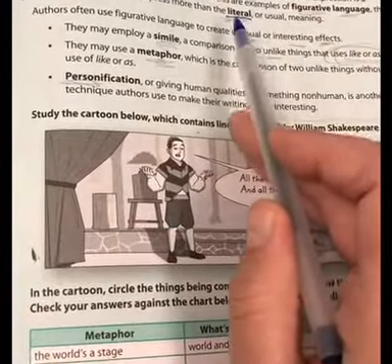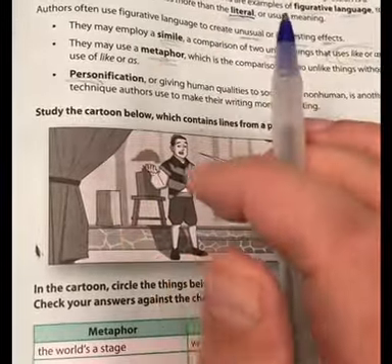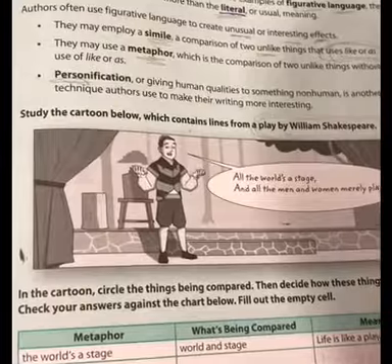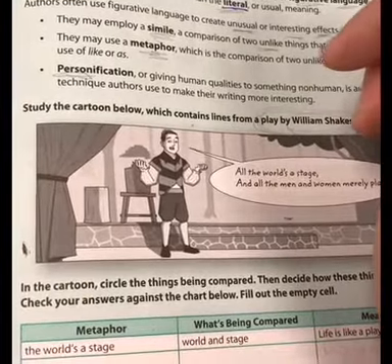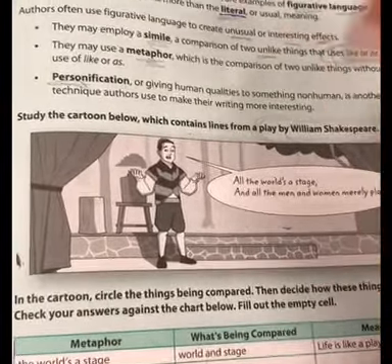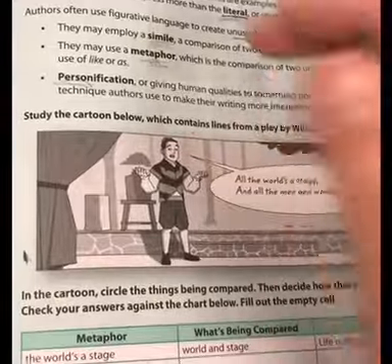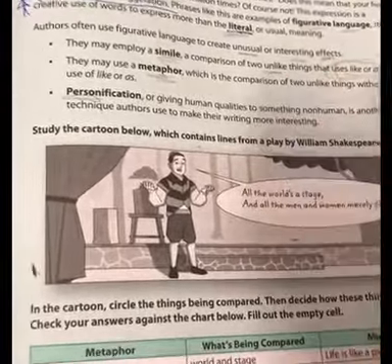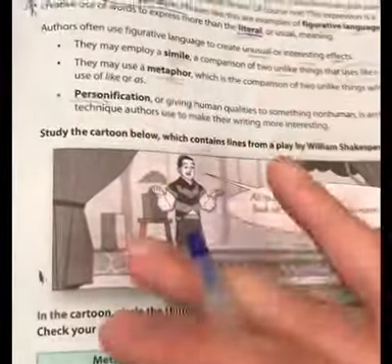Now, if something's not literal, it's not exactly as it is. For example, if it is literally freezing, and a lot of people use this incorrectly, the thermostat should read 32 degrees. It should actually be freezing.